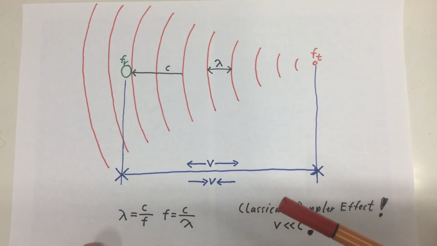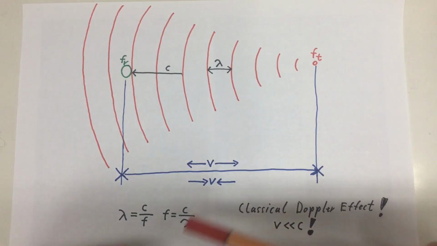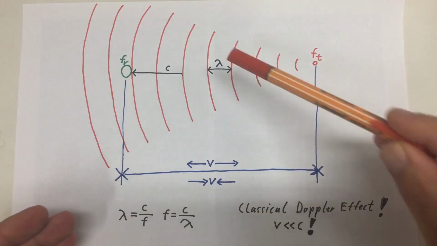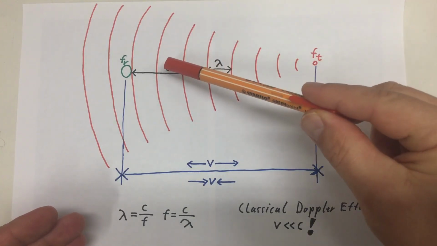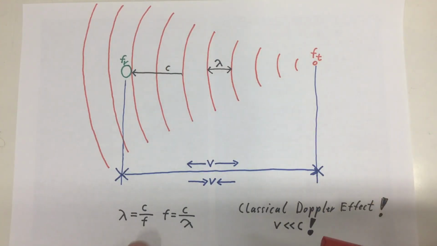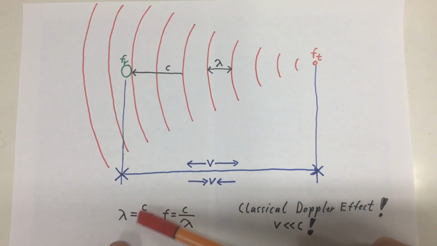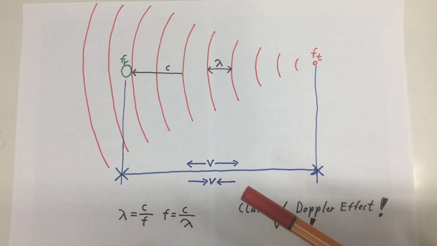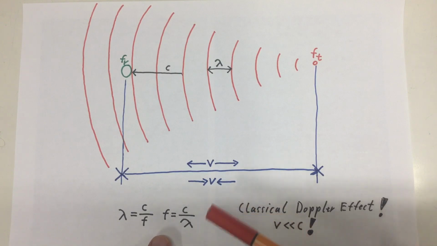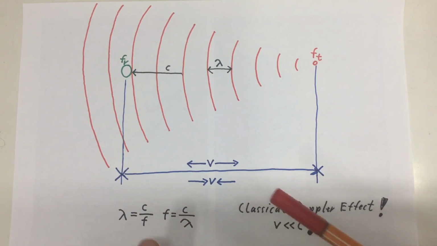And you've probably seen these formulas before. This is just the relationship between lambda, the speed c, and the frequency. So the wavelength lambda is the speed over the frequency of a wave, and the frequency of the wave is its speed over its wavelength.